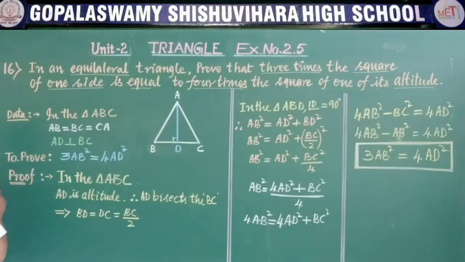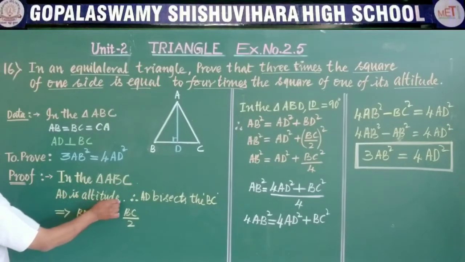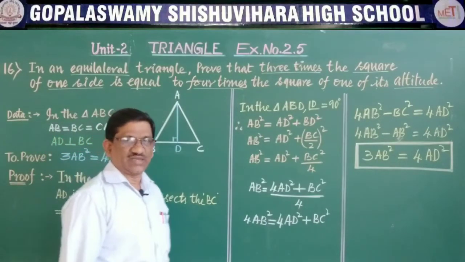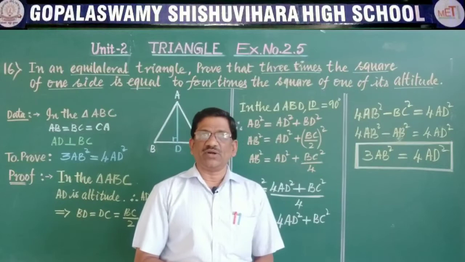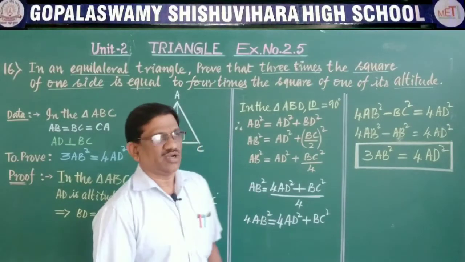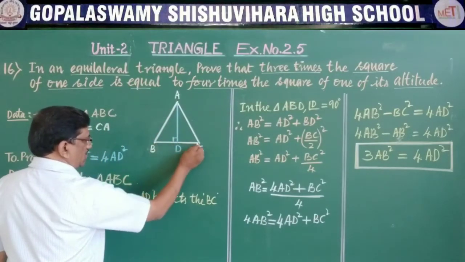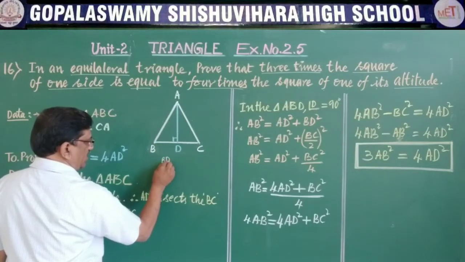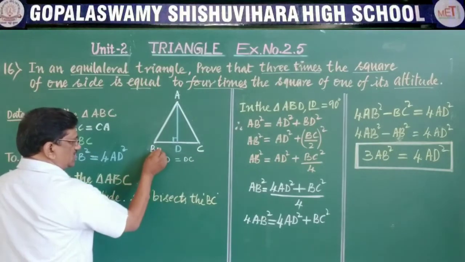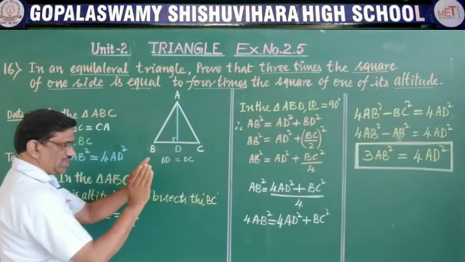Proof. You see, children, here in the triangle ABC, AD is the altitude, means it is a perpendicular. You know that in an equilateral triangle, the perpendicular drawn from the vertex to its opposite side bisects the opposite side. Bisect means it divides BC into 2 equal parts, that is BD is equal to DC. Since BD is equal to DC, the whole length is divided into 2 equal parts.